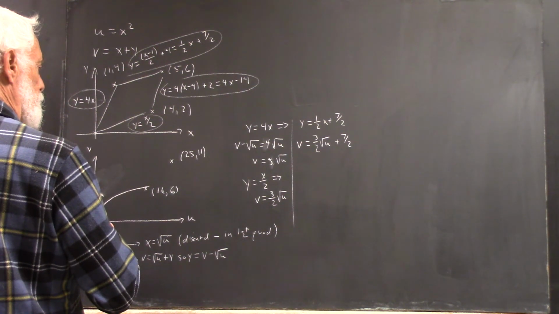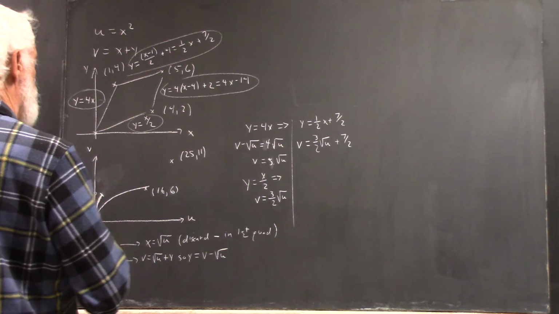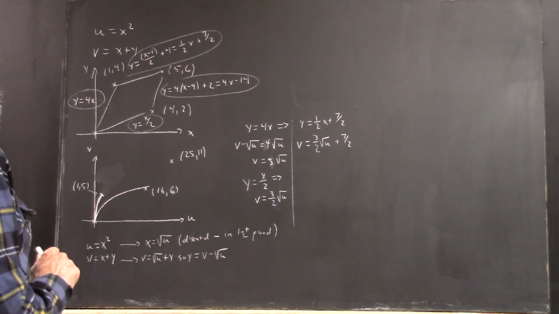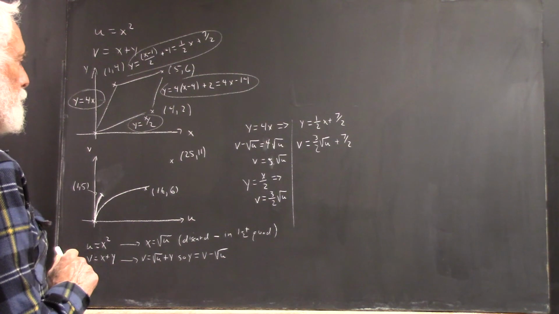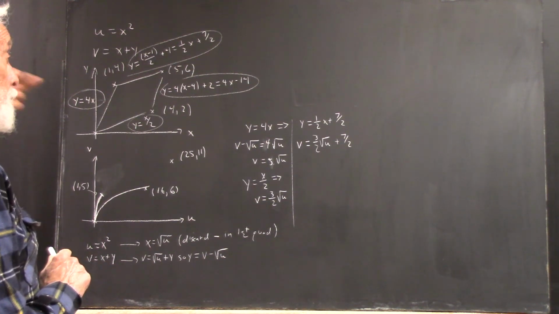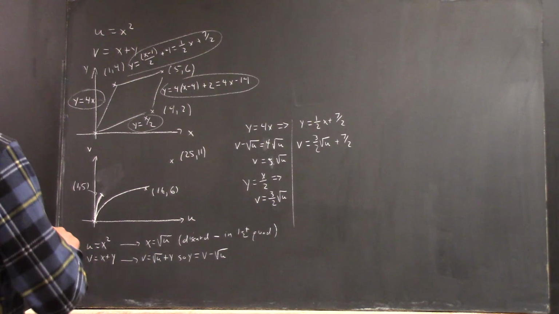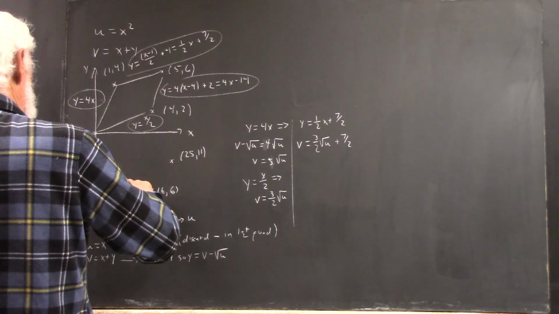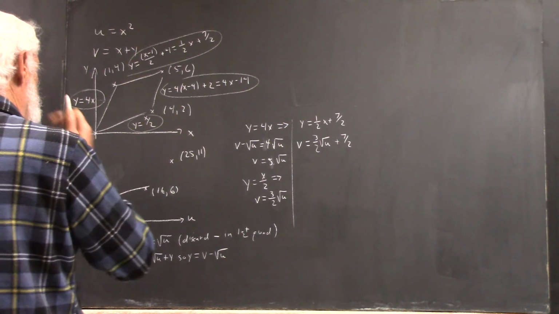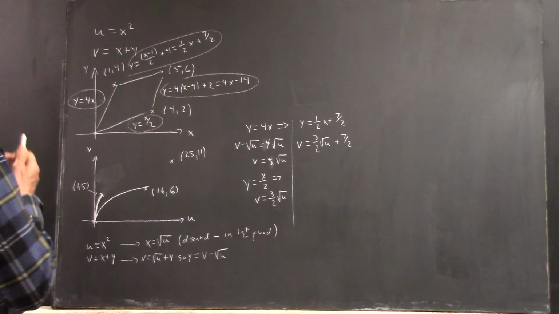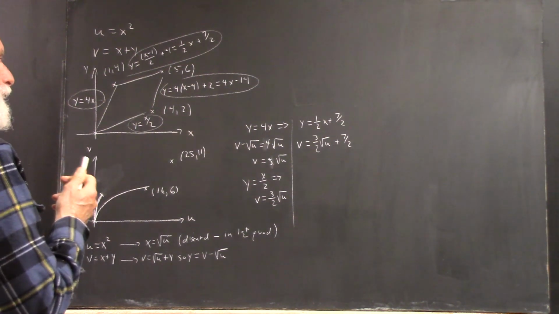Let's be sure. We should get the point (1, 5). If u equals 1, yeah, we get 5. So it's going to start very steep here. It's going to be kind of parallel to this, except it's not.